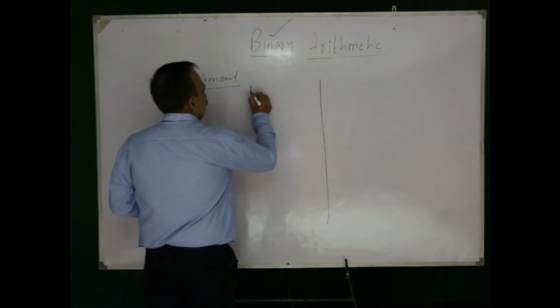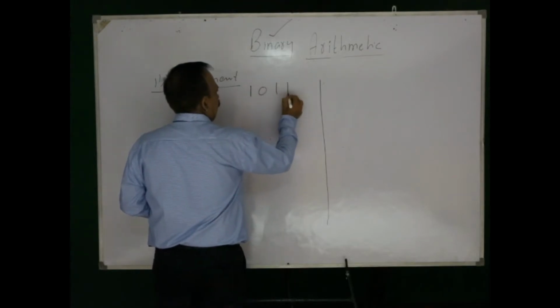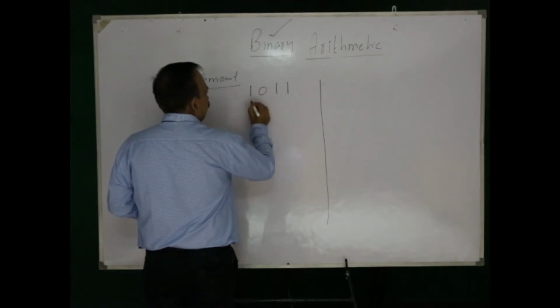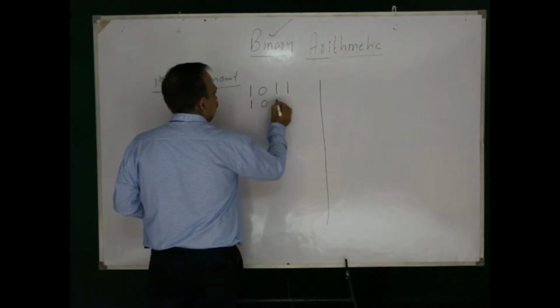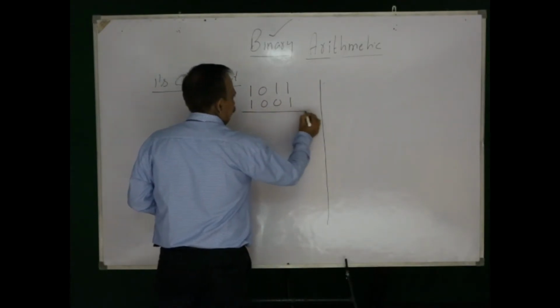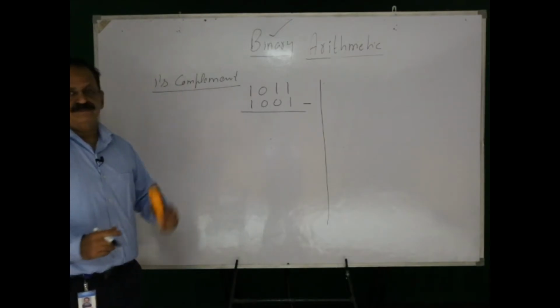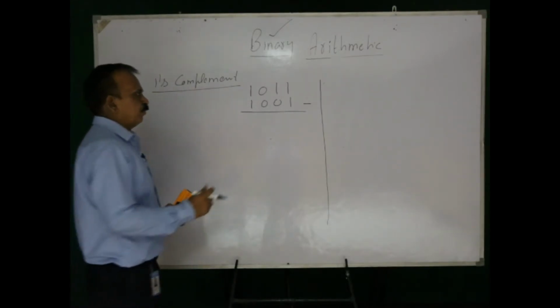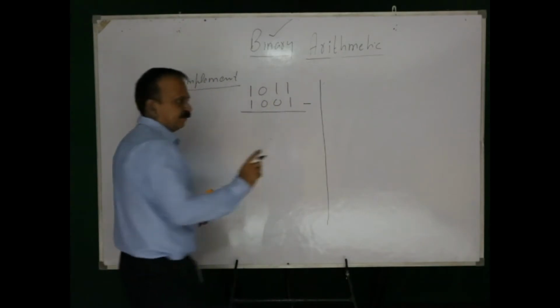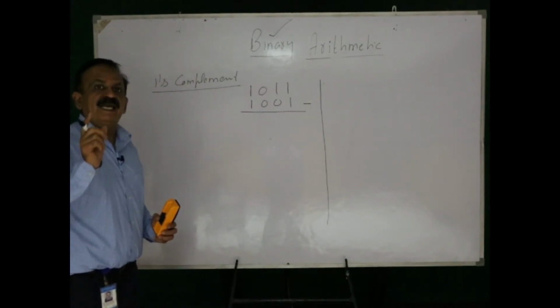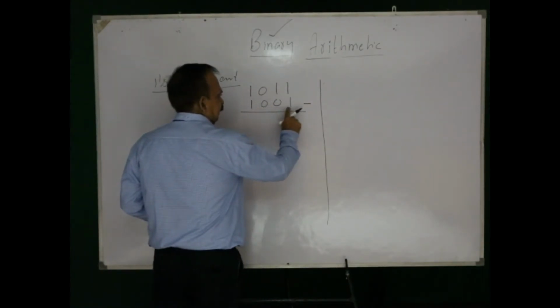For example, say it is 1011 and I want to subtract 1001 from this. I want to perform this operation. Right? Now what is here? First step I said find 1's complement of the negative number. This number is a negative number.